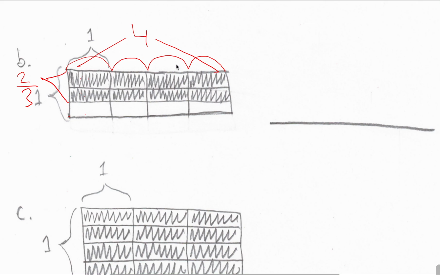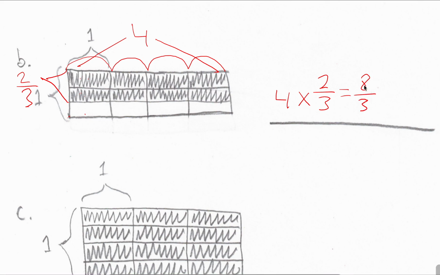So my expression is going to be length times width. I'm going to multiply 4 times 2/3. What is 4 times 2/3? Well, 4 times 2 is going to give us 8, and that is 8/3.